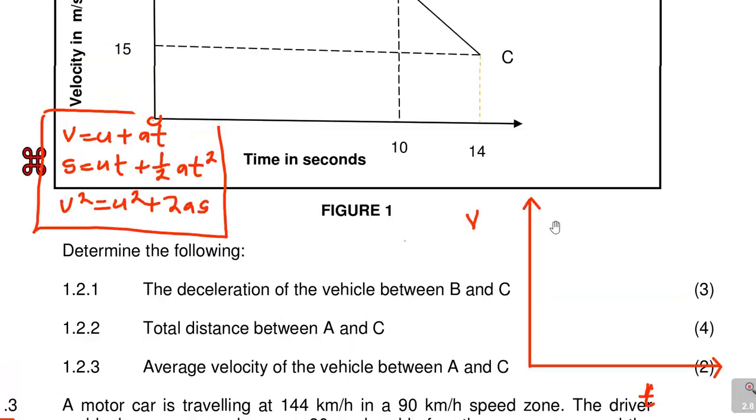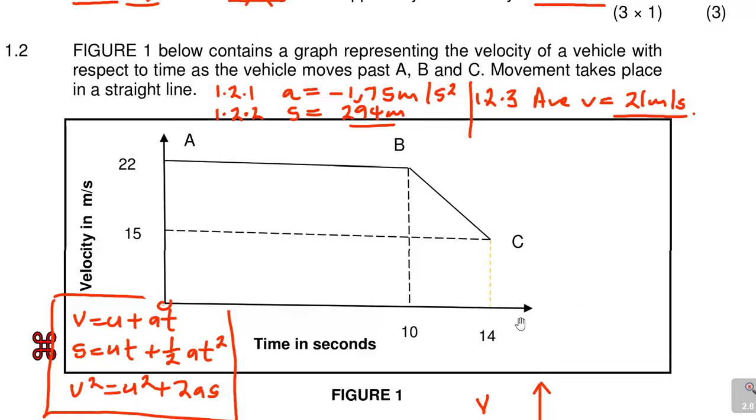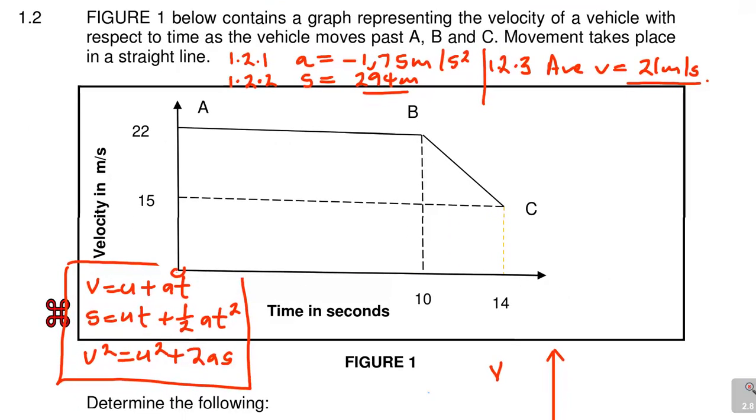For example, whenever you're doing conversions, sometimes it is important to know the standard conversions. For example, if I say, how do you convert 72 kilometers per hour into meters per second?